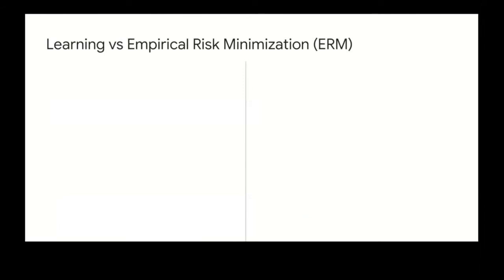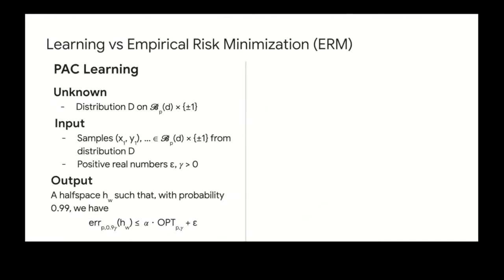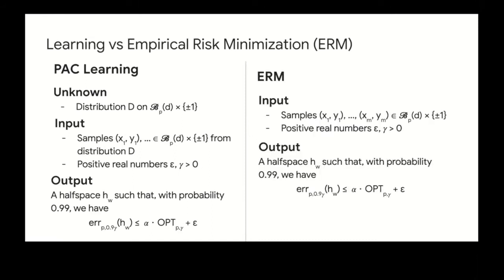The second thing I want to note is the similarity and differences between learning and empirical risk minimization, or ERM. Learning is what we had seen before, where there is an unknown distribution D. The difference between learning and ERM is just that in ERM there is no such unknown distribution.